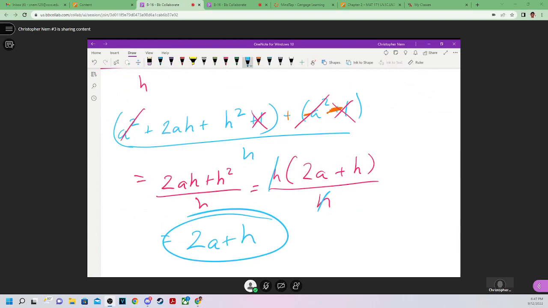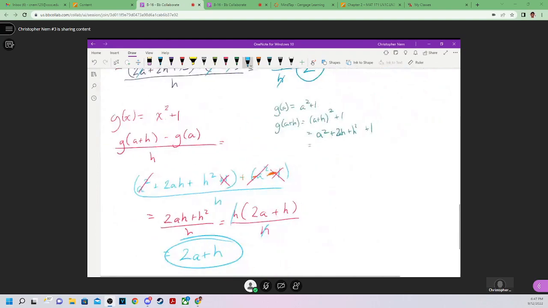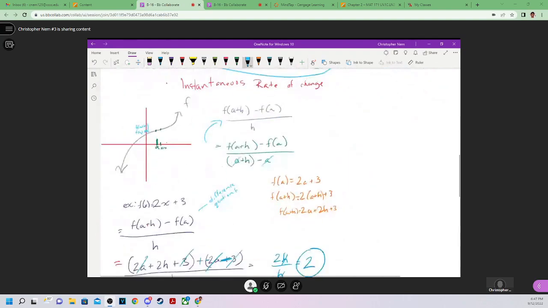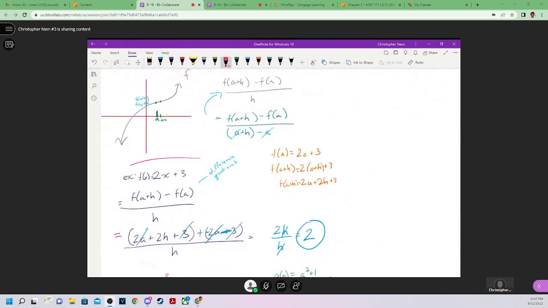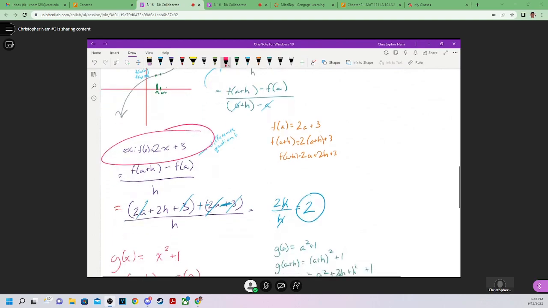So, why did I do all this stuff? I want you guys to make the comparison between this first instantaneous rate of change, the one I did over here, and in particular compare it to what happened down here.